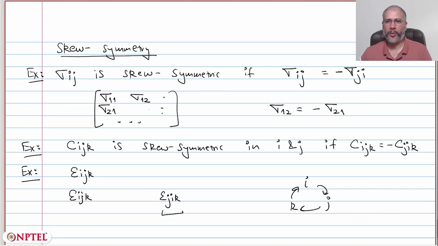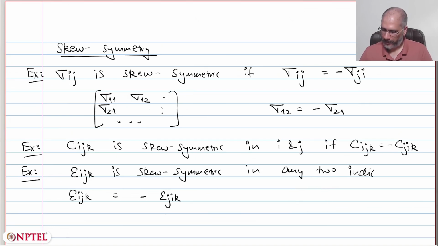If you swap any two indices, then the order of indices in epsilon changes, so its sign also changes by the definition of the permutation symbol epsilon. What that means is that epsilon ijk is skew symmetric in any two indices. So we can just write epsilon ijk is skew symmetric, and that will be a clear statement, because for any two indices you take, epsilon will be skew symmetric in those.